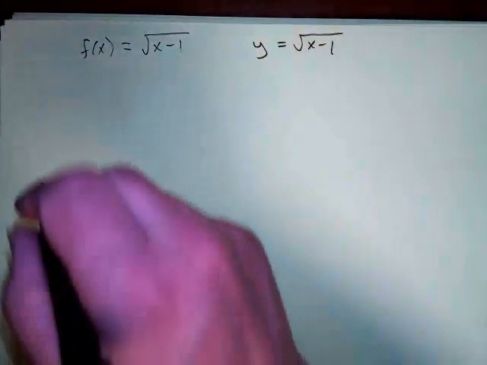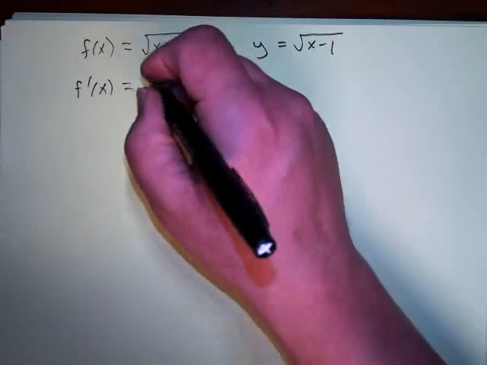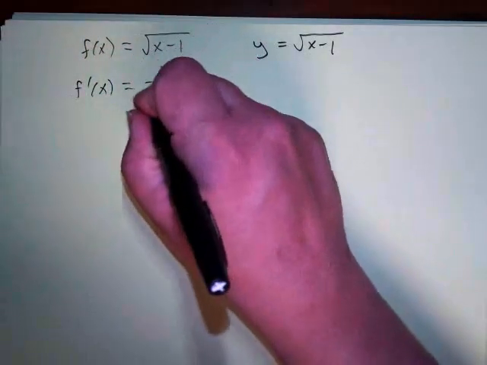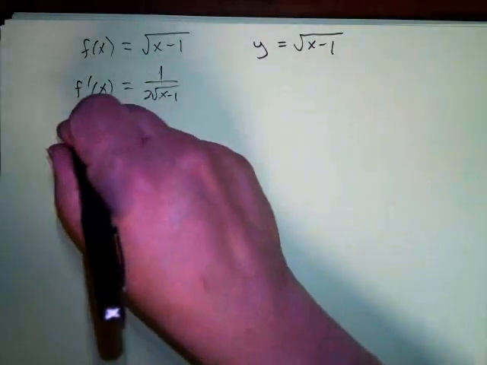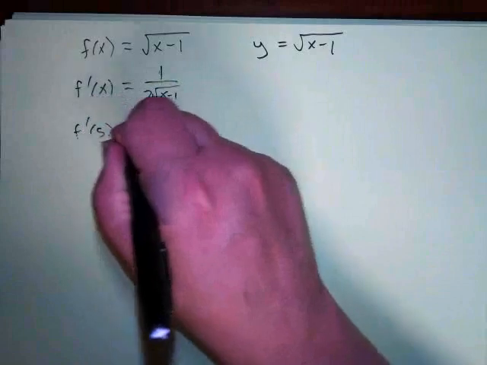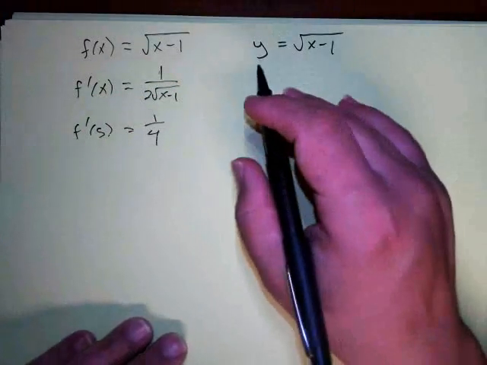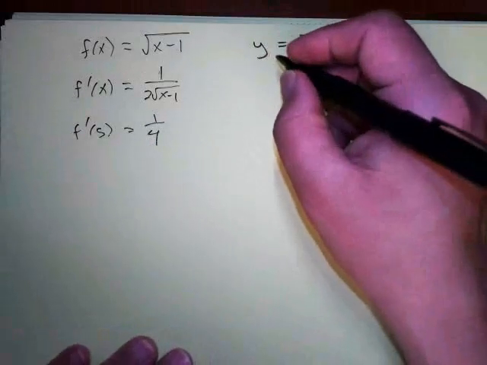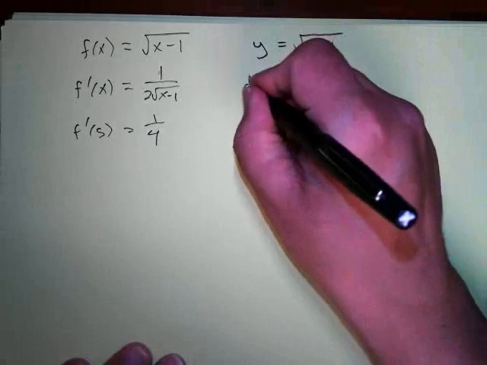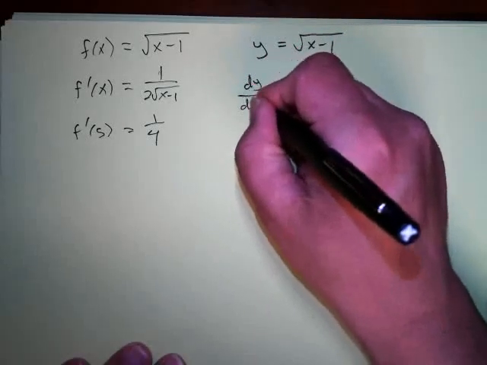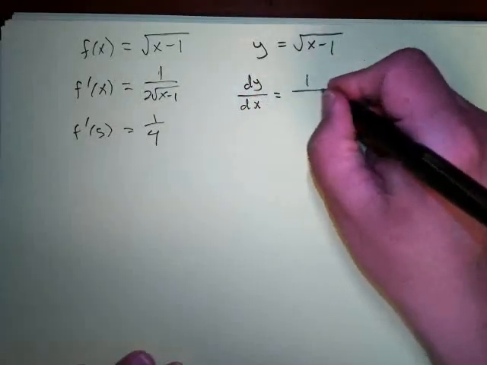And so, this is like f prime of x is equal to 1 over 2 times the square root of x minus 1. That's what it would be. Or we could do f prime of 5, and that's just equal to 1/4, right? But another notation here is if this is y, and we know that, then I could say dy dx is equal to the derivative.